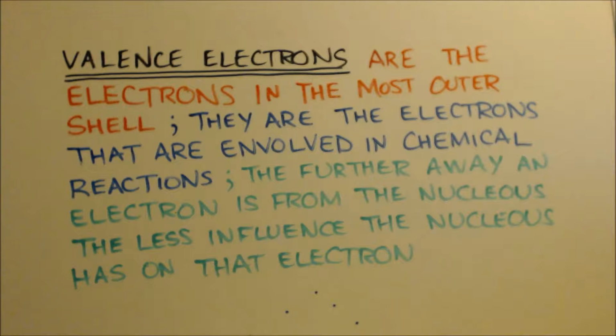And if you think about it, those electrons are the ones that are involved in chemical reactions. The reason is that the further away an electron is from the nucleus, the less influence the nucleus has on that electron. It's not gravity, I think it's called Coulomb force, but it's the same type of concept.